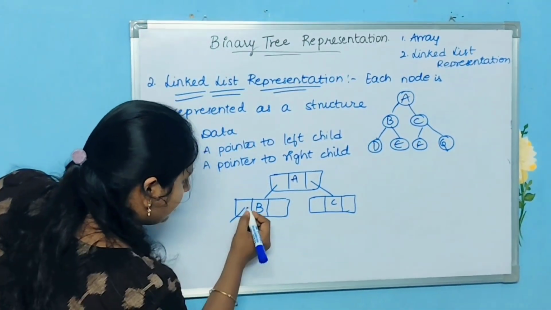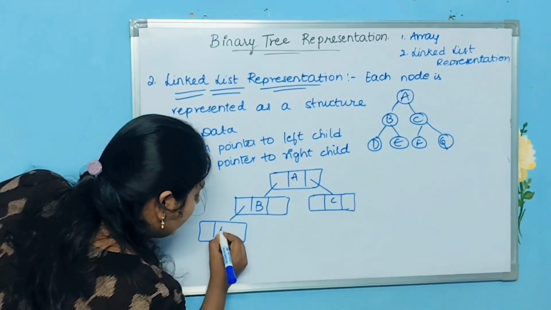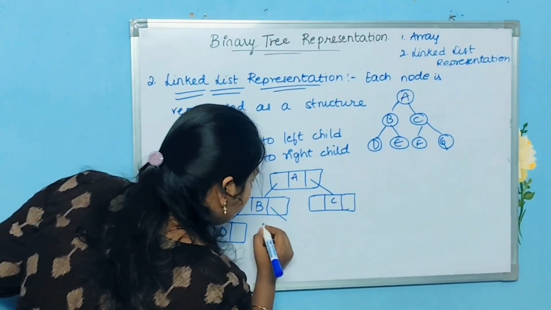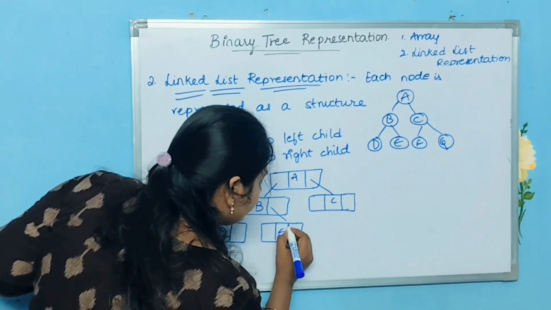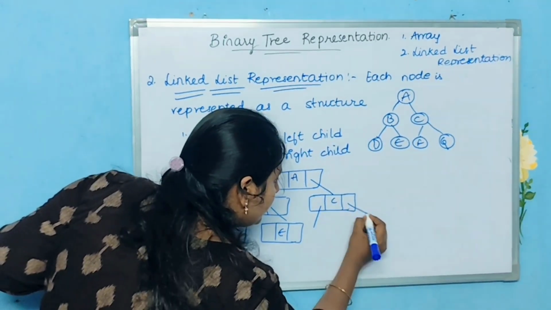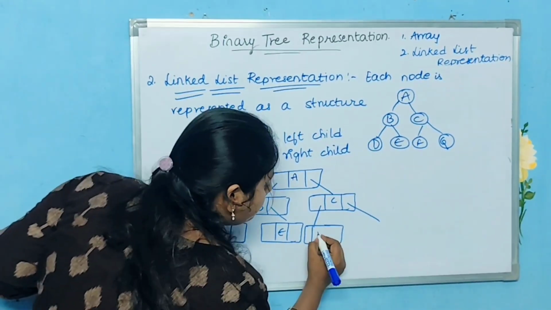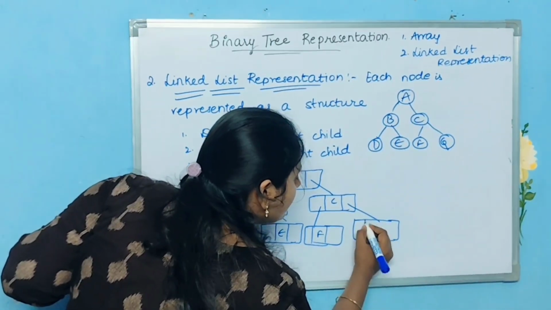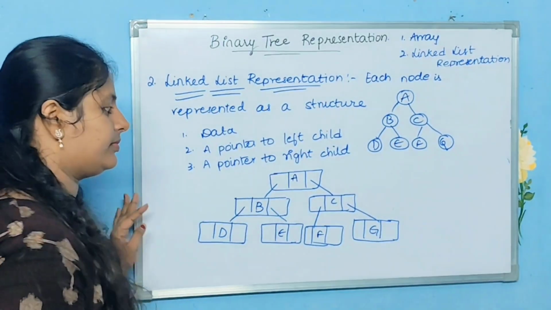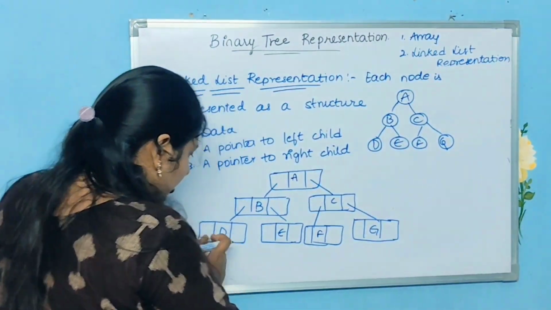Again, the left pointer of B is containing D. The right pointer of B is containing E. And the left pointer of C is containing F. The right pointer of C is containing G. Right? So what happens to these null locations?